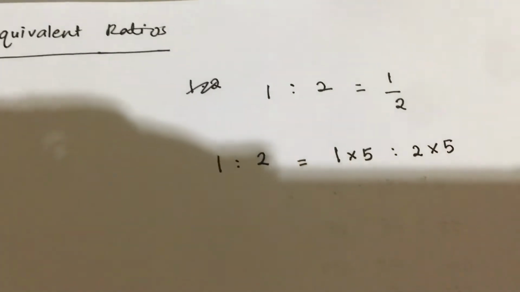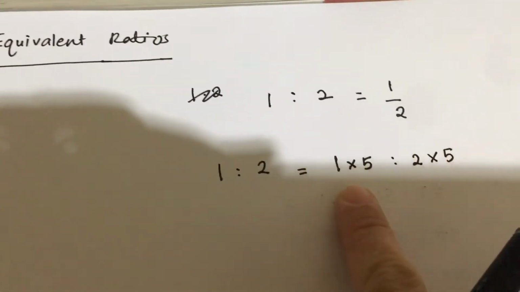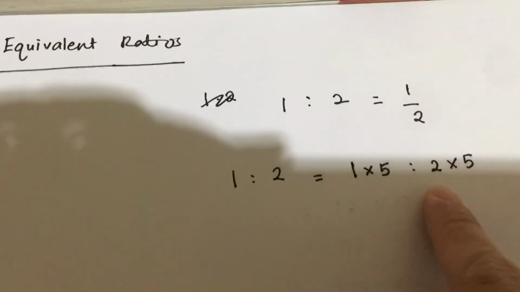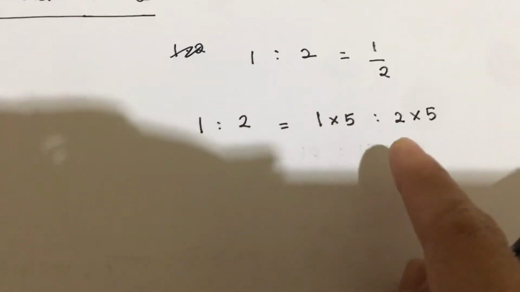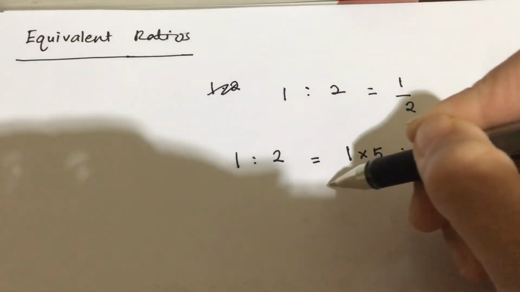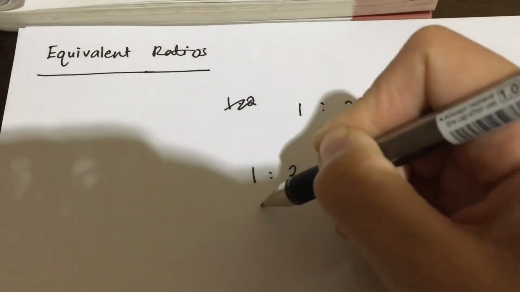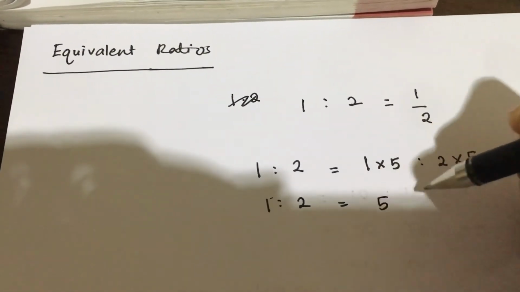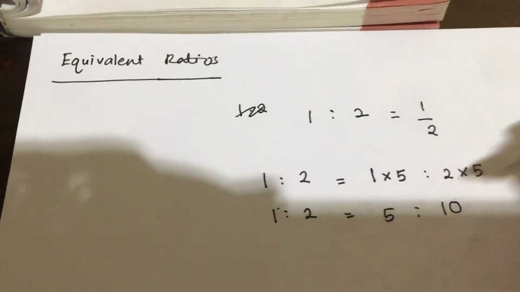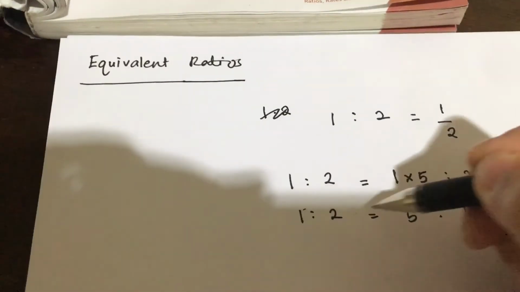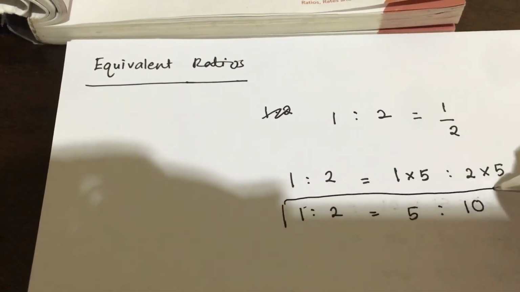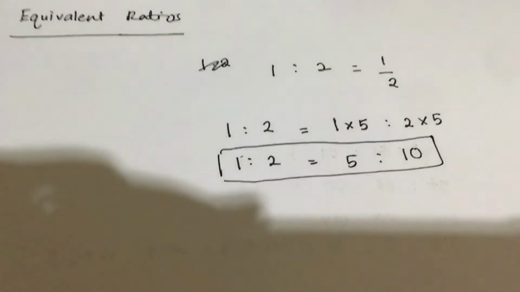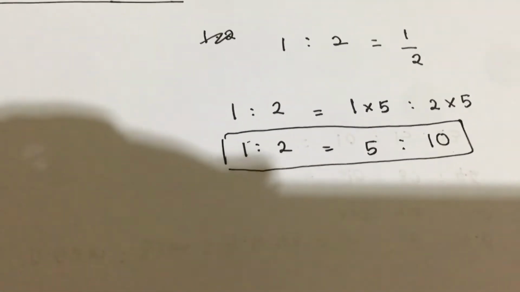It is compulsory to multiply with the same number, or else you will not get the equivalent ratio. So 1 to 2 will give you 5 to 10. Now you have an equivalent ratio. Here I multiplied with 5.